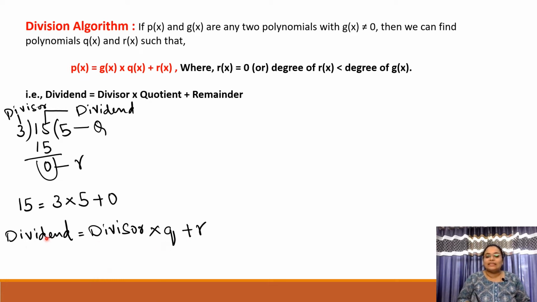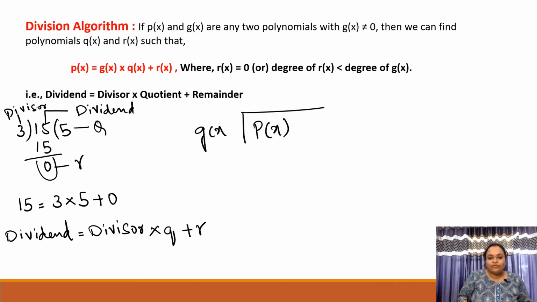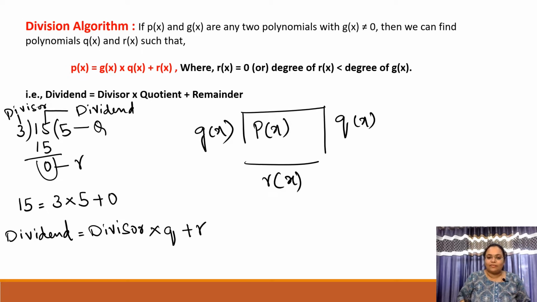Yes, so the same thing we will apply for the polynomials. Okay, so if you take dividend as P of X and you divide it with a divisor which is G of X, if you are dividing two polynomials, you will always get a quotient and a remainder, right?